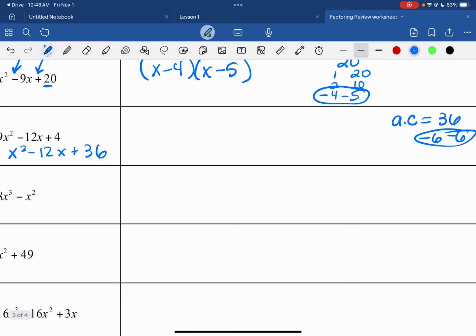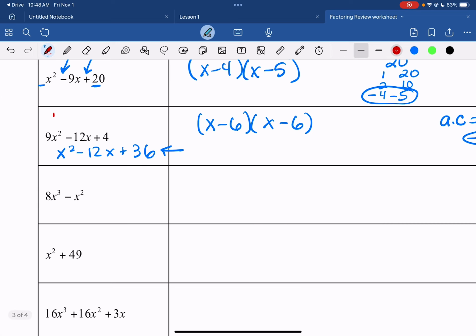Again, if you can't pull that off right away, go ahead and factor all of them. 1 and 36, 2 and 18, 3 and 12. So just keep that going. So I'm going to go ahead and do this based on this polynomial. So x minus 6 and x minus 6. Then the last step is to take my a value and divide both of those terms by that.